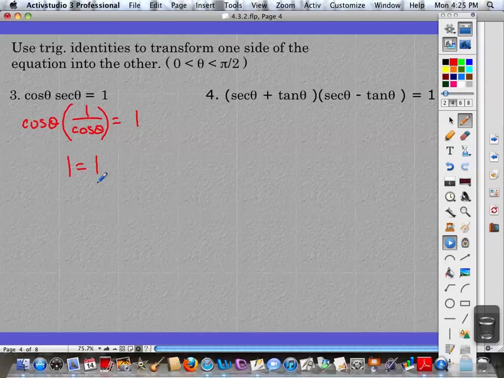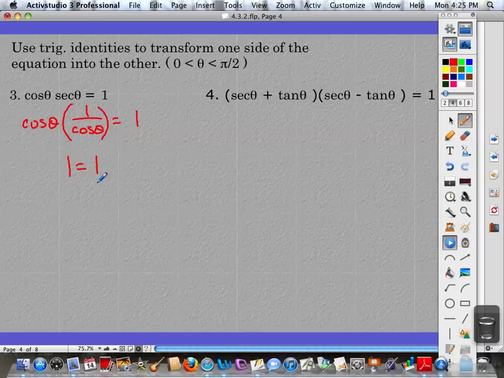Okay? So let's move on to number 4. In number 4, we've got a little bit different look. We've got secant theta, we've got tangent theta. Okay, we're adding them in one term and subtracting them in the other. Now, you might be thinking, okay, secant, that's 1 over cosine. Tangent, that's sine over cosine. So I could put everything in terms of sines and cosines.